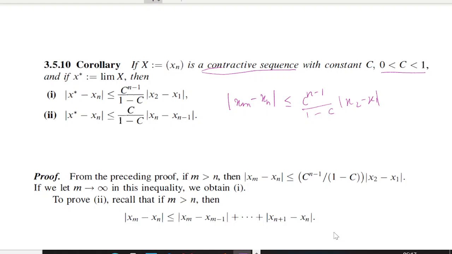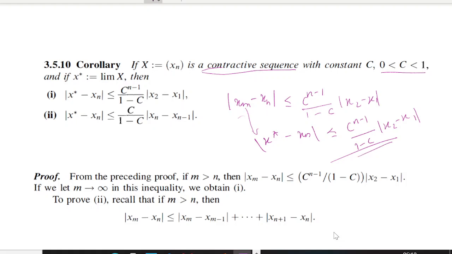Now, suppose m tends to infinity. What will happen? This will reduce to x star, so we get x star minus xn. On this side there is no xm term. So this is less than or equal to c raised to n minus 1 by 1 minus c into modulus of x2 minus x1. So we have got that one, right?